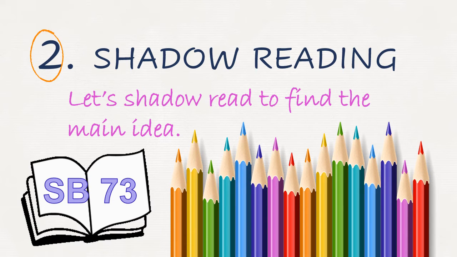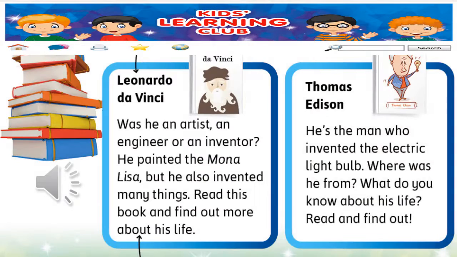Main idea meaning the text is talking about what? So please open your student book, page 73, and let's shadow read. Shadow read means you have to read it quickly or skim to find the details.